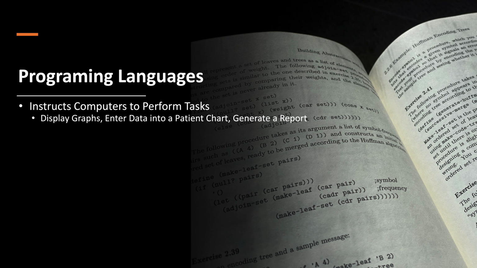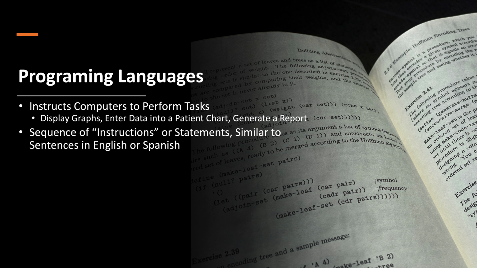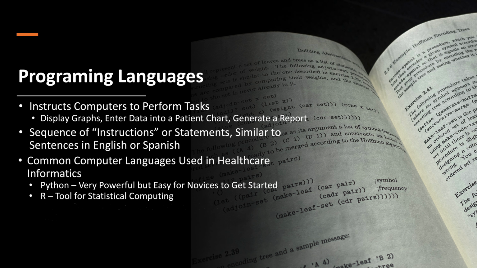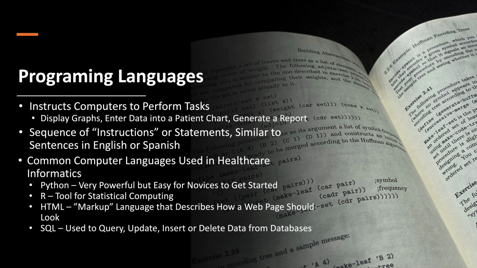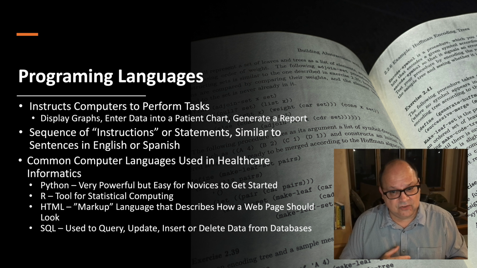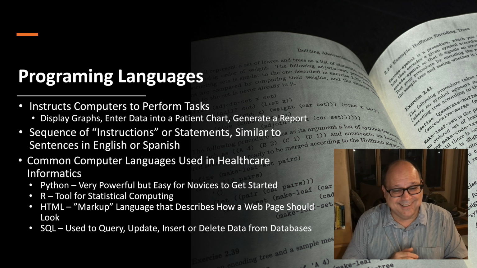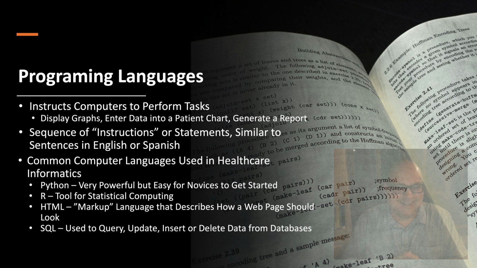Programming languages. These are tools that describe an algorithm to the computer as a sequence of instructions that tell the computer what to do. There are a few computer languages used in healthcare informatics that I at least want to make you aware of. Python is a very powerful tool, but it's easy for novices to pick up and get started. Easy in quotes. Programming is not easy.